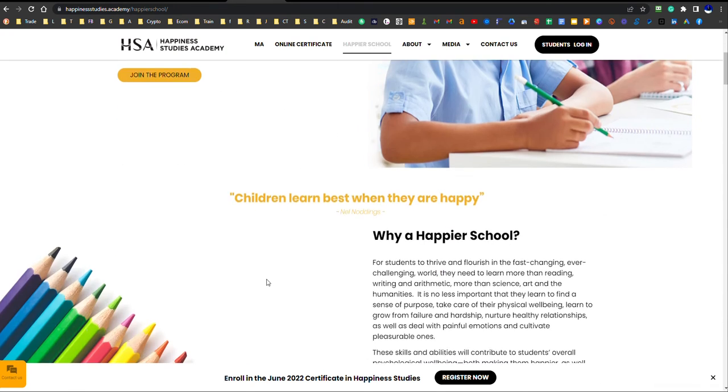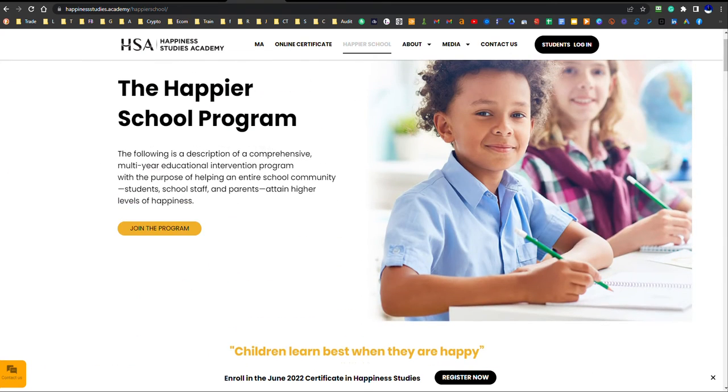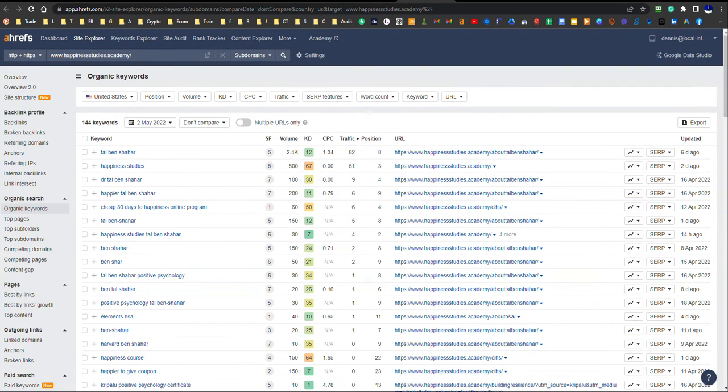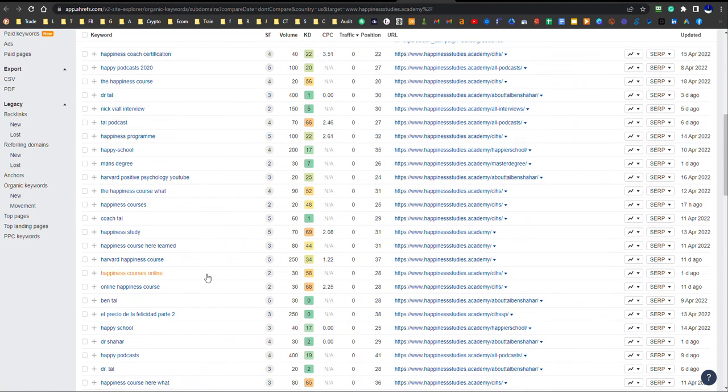Okay. So we really would need to learn more about who your target audience is, but let's take a look at some keywords over here that you're coming up for. A lot of these are all based on your content. So Google basically crawls your site and then looks at the content on your website and looks at your metadata. That's why making sure that your sites are seeded with the keywords that you want to go after, like happy study.